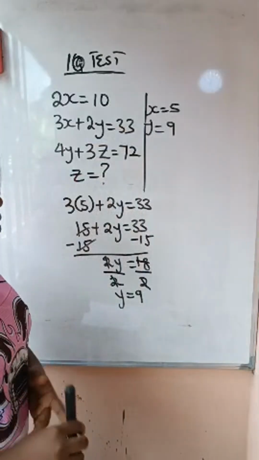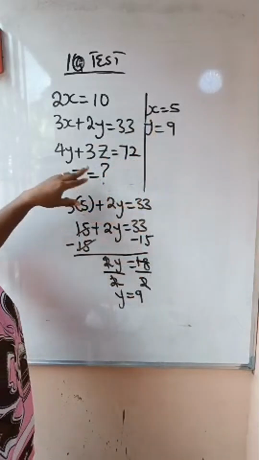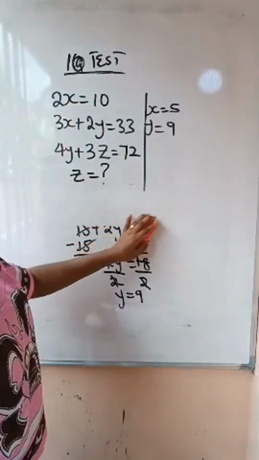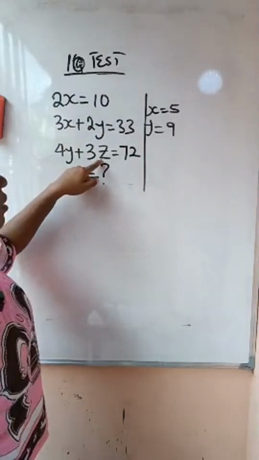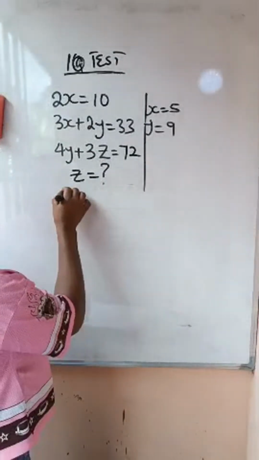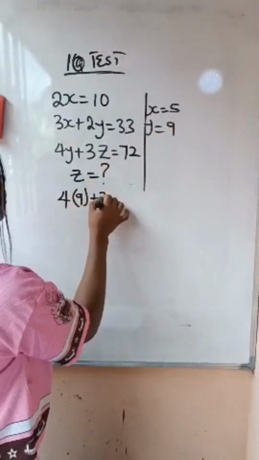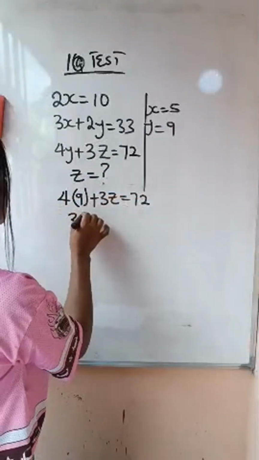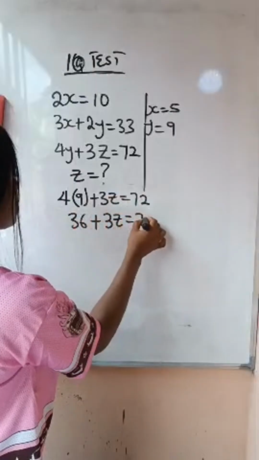Now you will agree with me that having gotten the value of x and y, we can actually find z from equation 3. Because when you look at that equation 3, you can see that when we substitute the value of y, we can now find the value of z. So we have 4 multiplied by y, which is 9, plus 3 multiplied by z is 72. So 4 times 9 is 36. We have 36 plus 3z is 72.